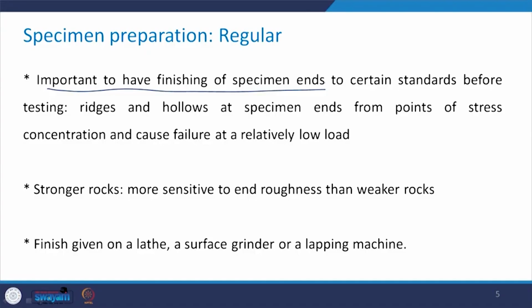So, what I mean to say by specimen ends is this end and this end. Okay, so there should not be ridges or hollows here at the specimen ends, because what will happen here is, if you have these ridges and hollows, when you apply the load, there is going to be the stress concentration at those points, and that will cause failure at a relatively low load.